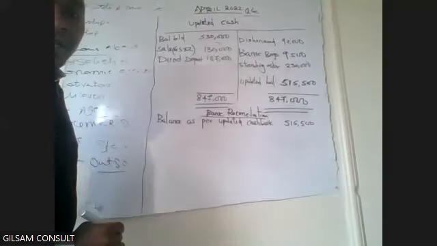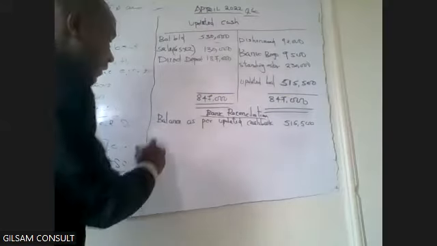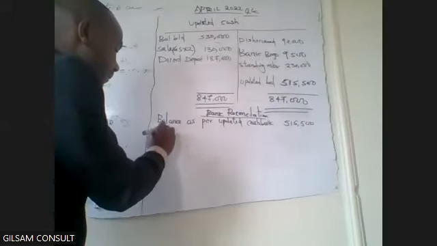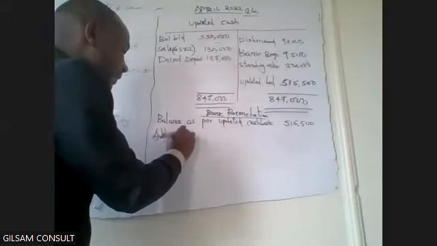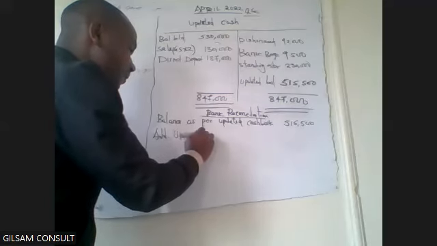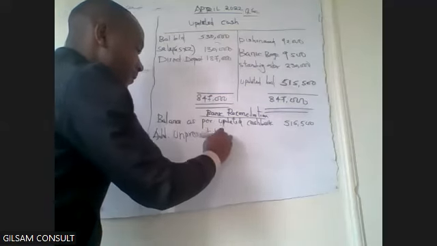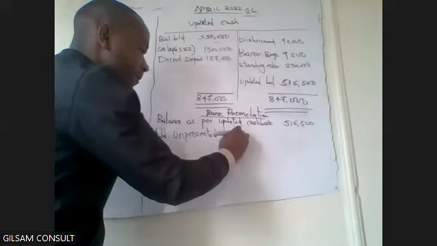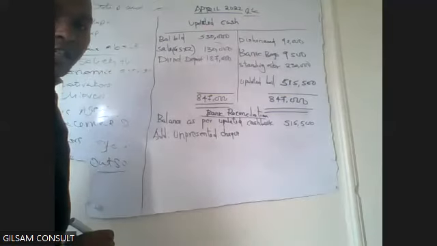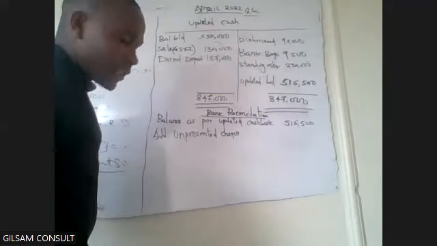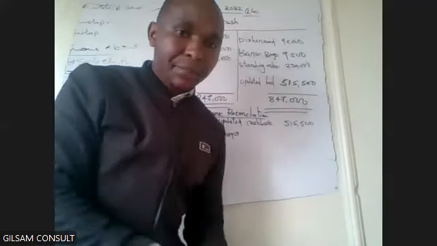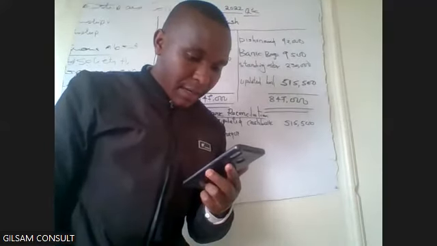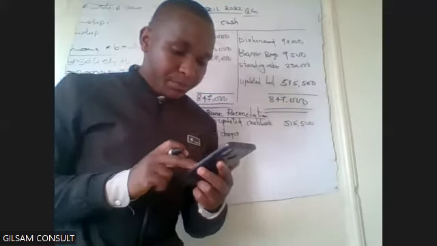515,500, and then you add unpresented checks. How much is our unpresented check? Look at note number 4.